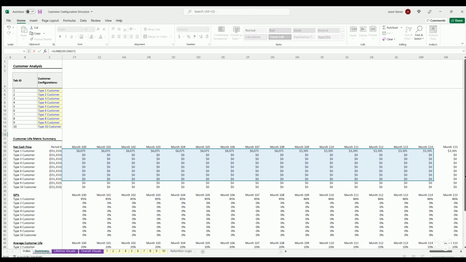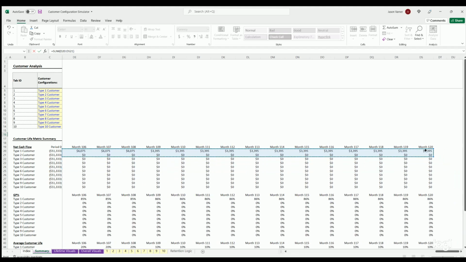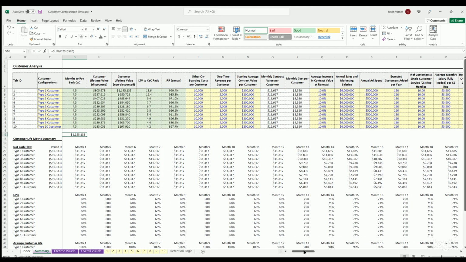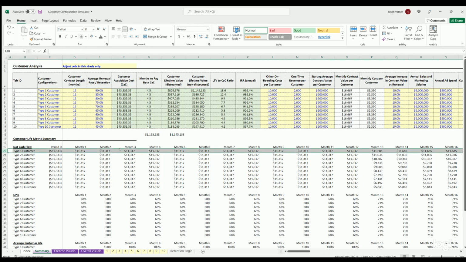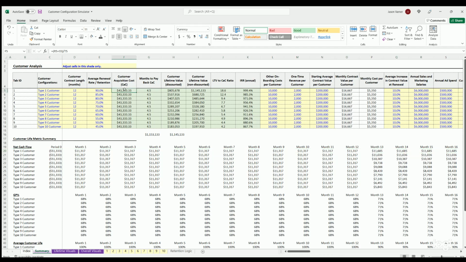These all update dynamically. That total plus one-time revenue minus other onboarding costs. So 1,145,133. So you see that's that number there. And the only difference between this number and the total lifetime contract, including acquisition cost, is the customer acquisition cost.